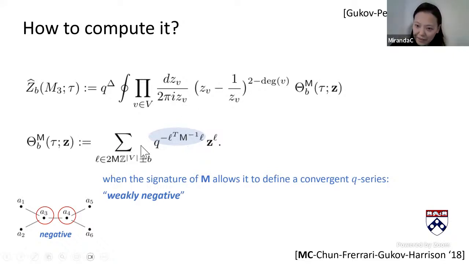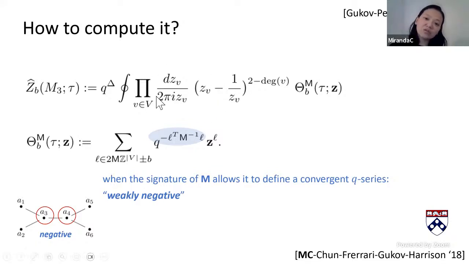Then we put it as a part of the integrand, with some dressing factors: you have a chemical potential associated with each node, raised to a power given by the degree, that is, how many nodes the given node is connected to.